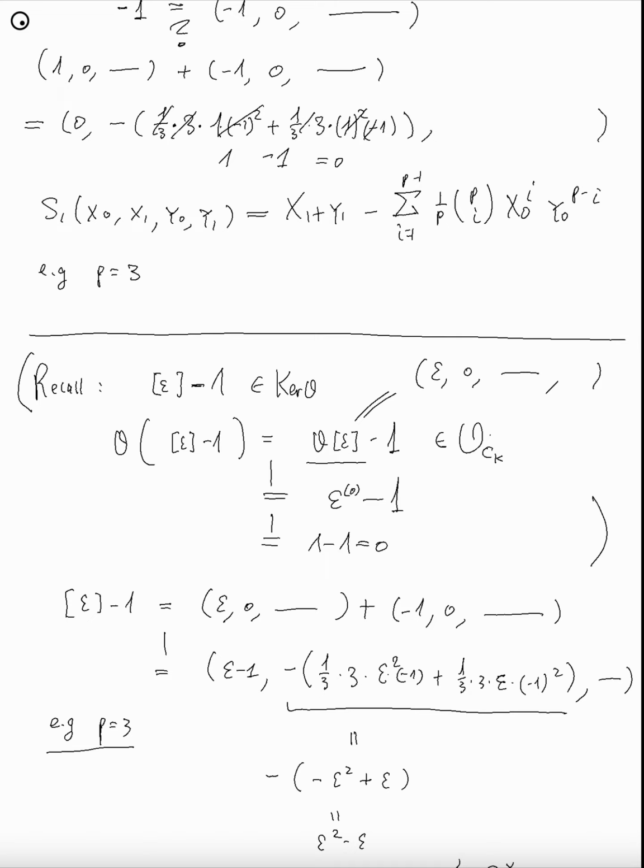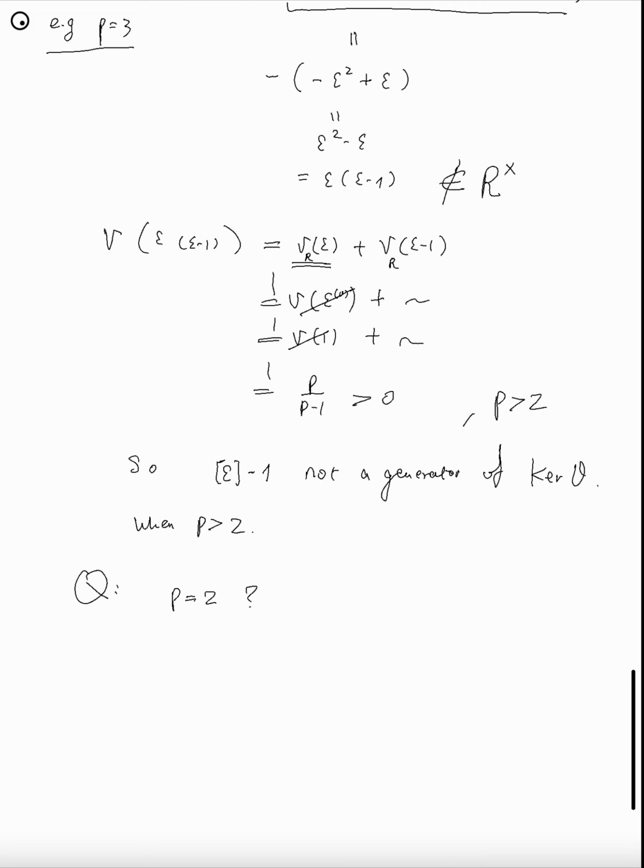Okay. Yeah, when P equals 2, actually the whole formula just changed. Then this addition term, when p equals 2, turns out to be, so here it is still epsilon minus 1.